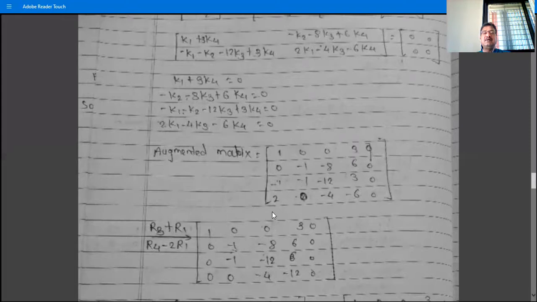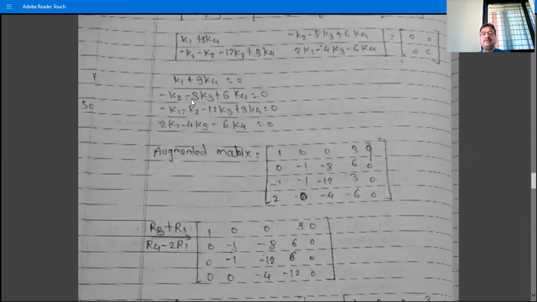This is the simple Gauss elimination method. This is a homogeneous system because all are equal to 0, but if the system is non-homogeneous, also use the Gauss elimination method. So form the augmented matrix with the coefficients of K1, K2, K3, K4 and equal to 0.